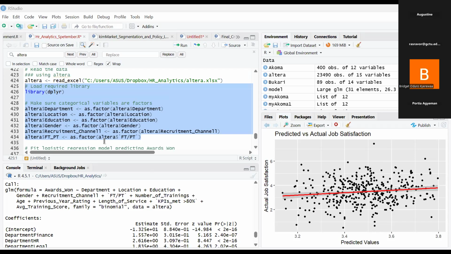Once you are done running the command, the other thing I want us to look at is, oops, is my mouse not moving? Okay, let me close this.